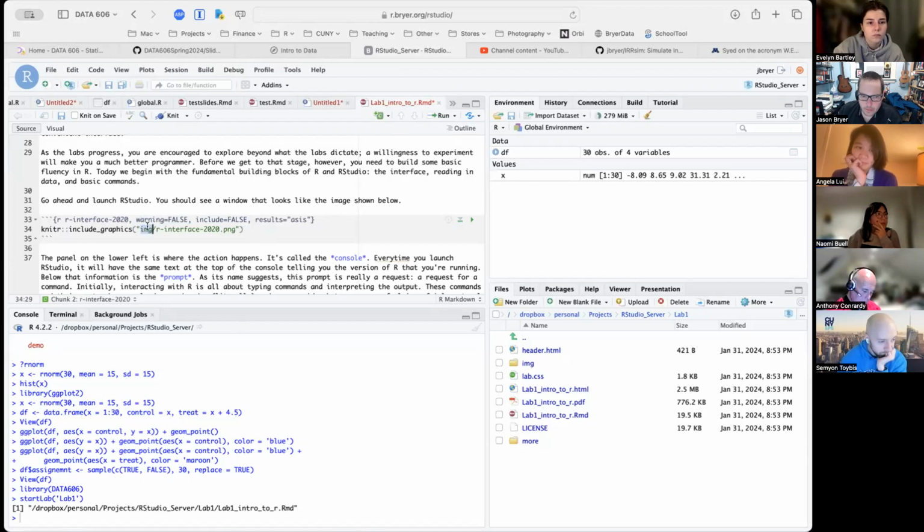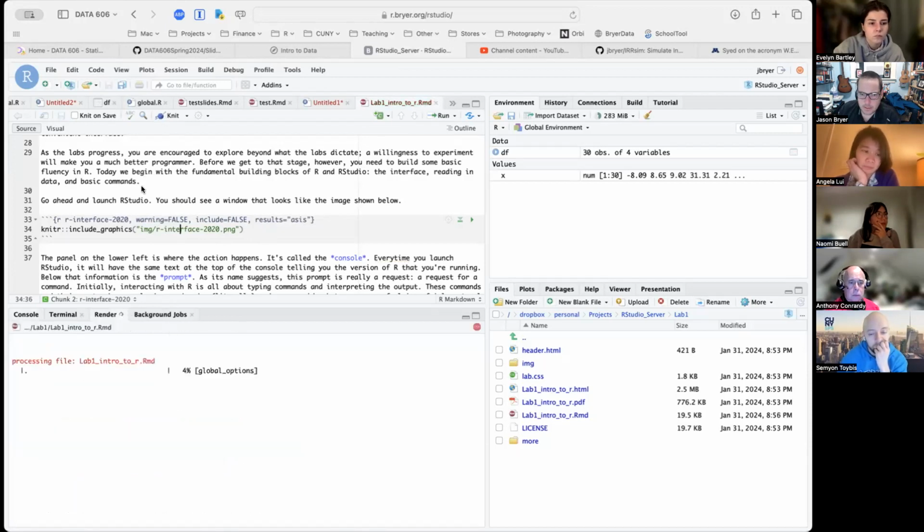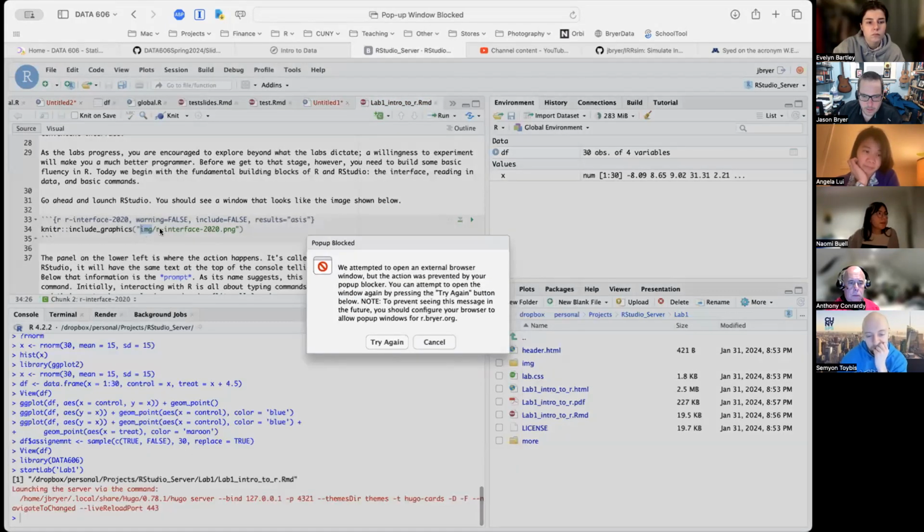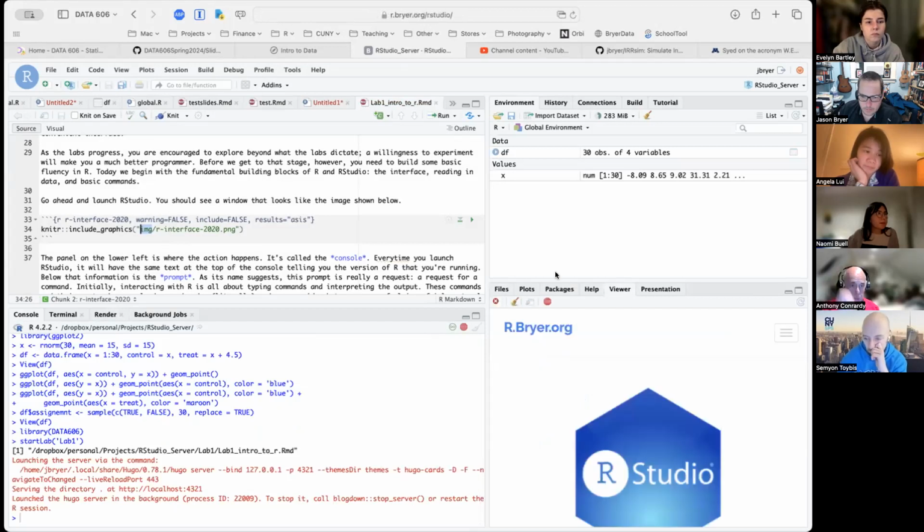The other thing, I don't know if I talked about working directories. The one challenge with the way we set up these labs is that when you click knit, it is in essence running relative to where the RMD file is. So it's trying to open a file.